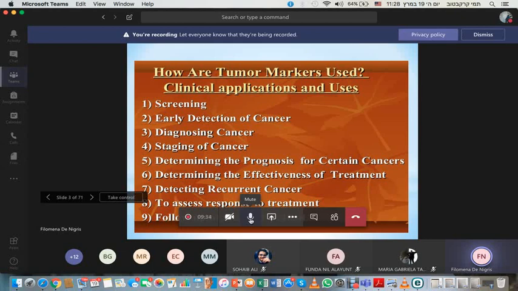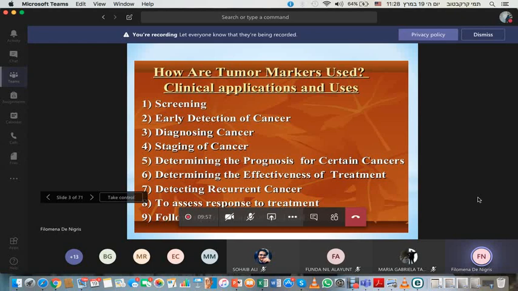We can have markers for screening tumors. What does screening tumors mean? When we don't have any evidence, but we can monitor, verify and predict if a person could develop a tumor.